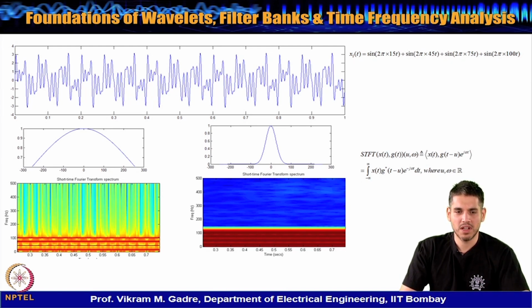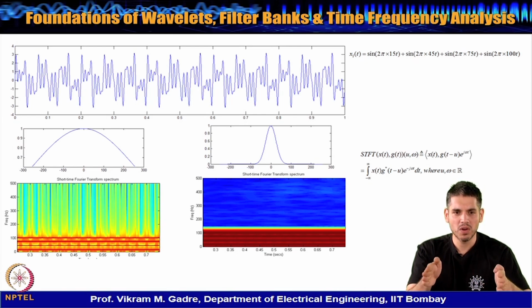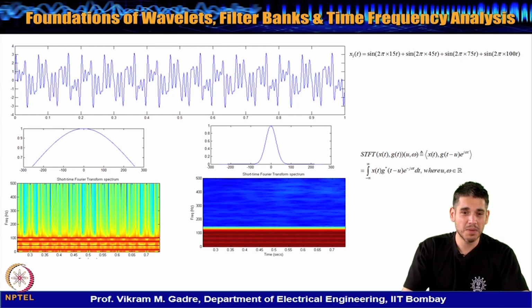From our Fourier analysis concepts, we know that if we use a window of wider time duration, then our frequency localization is improved. On the other hand, if we use a window of shorter time duration, then our frequency localization is lost, which is clearly visible in these figures.